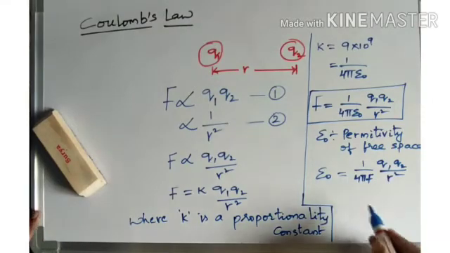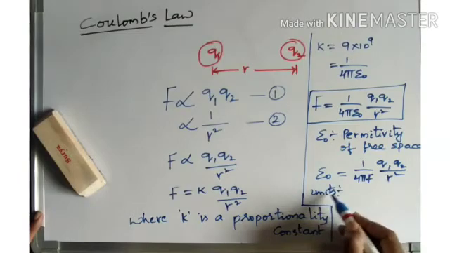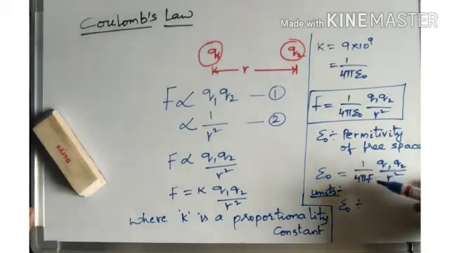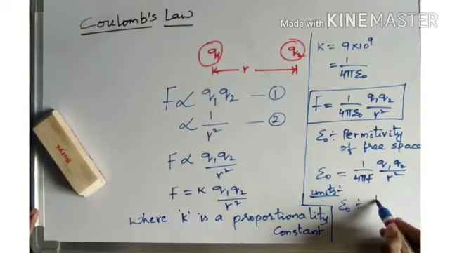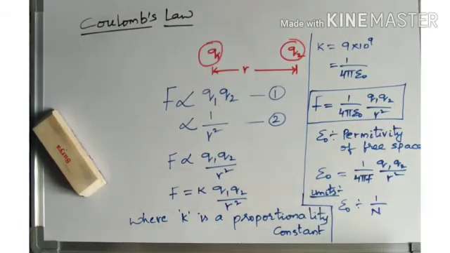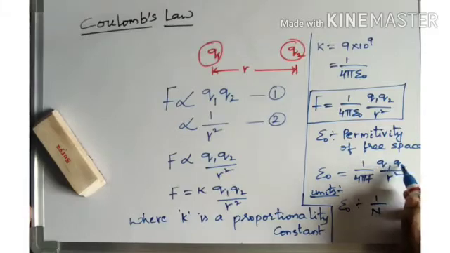Now coming to the units for epsilon naught. 4 pi is a constant, and you know that constants will not have any units. F is measured in Newton.